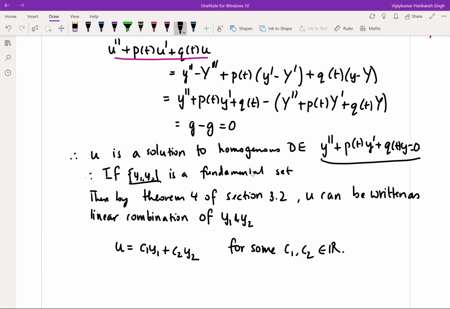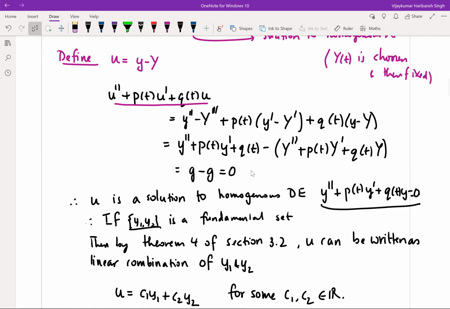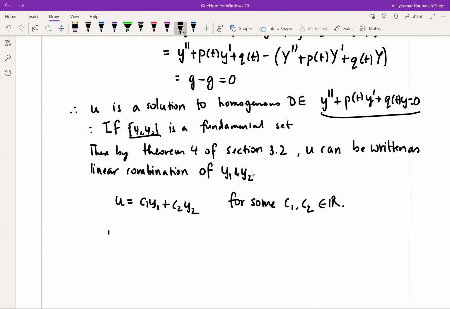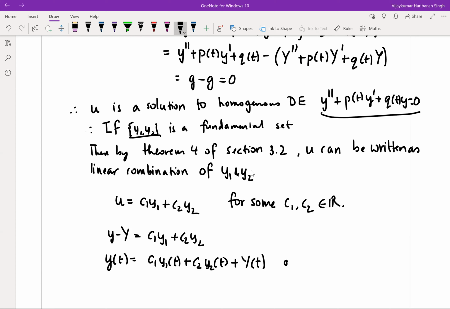But what is your U? Your U was y minus yp. So you get y minus yp equals C1 y1 plus C2 y2, or in other words, y of t equals C1 y1(t), I'll write t to indicate that it's indeed a function of t, plus yp, which is also a function of t. So therefore, you have proved it as required.